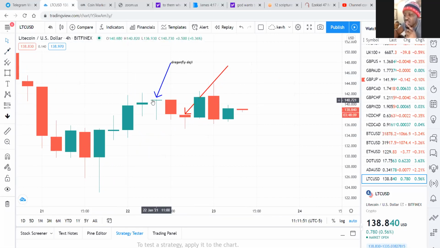Right? So this is a straight line. Like it has no body at all. Maybe that's one thing we should include in the dragonfly doji explanation, right? Has no body, but this one has a body. So this has no body, this has a body.